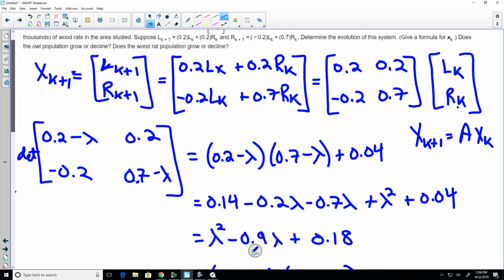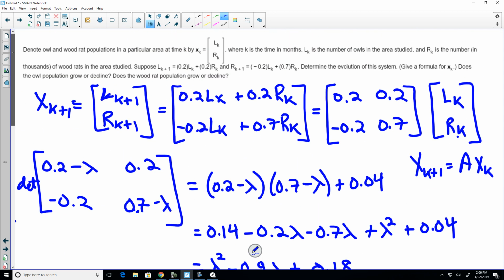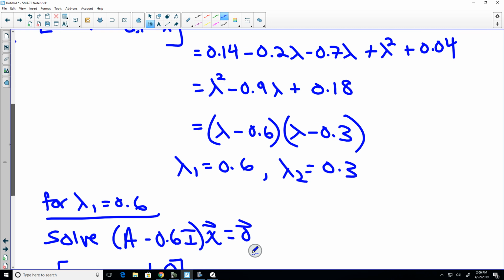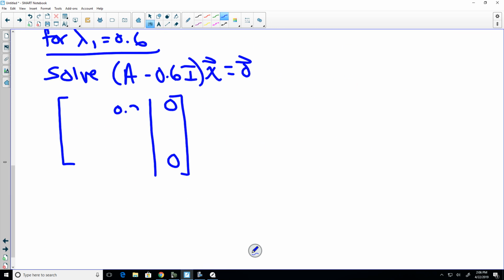Let's see, so A is over there. So this is 0.2, this is negative 0.2, that will change. The main diagonal changes. So this is 0.2 minus 0.6, negative 0.4. And this is 0.7 minus 0.6, we get 0.1.